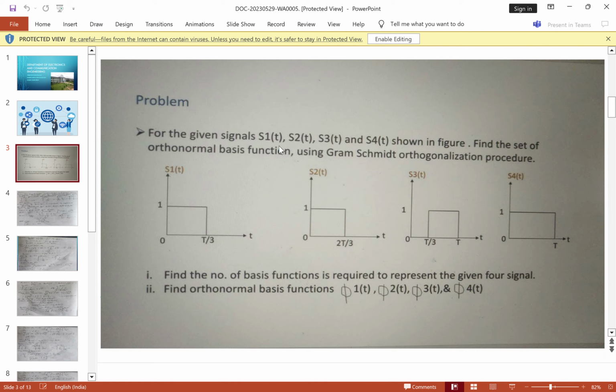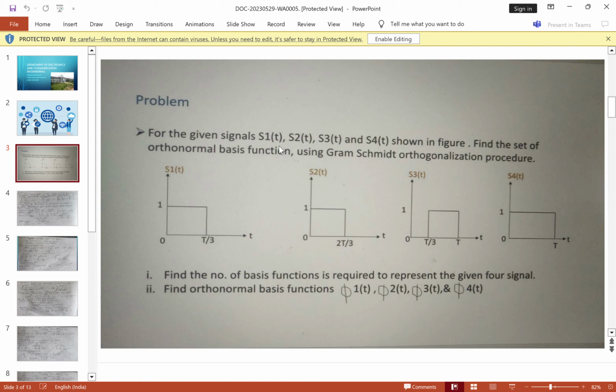E1 is equal to the integral from 0 to T of s1 squared(t) dt, which is the integral from 0 to T/3, so E1 equals T/3 joules. Then psi1(t) equals s1(t) by root of T/3, that is, s1(t) times root of 3/T.